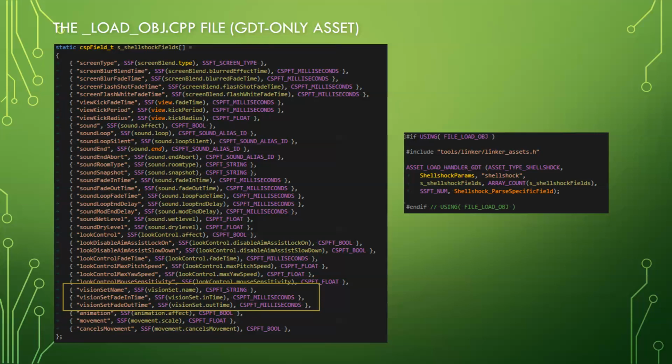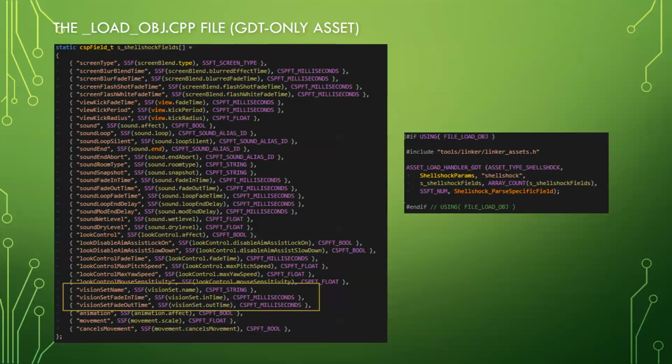So yeah, like I said, vision set.name, vision set.intime, vision set.outtime, and then these strings correspond to the AWI. There was a vision set name field in the AWI. The linker reads that, puts it into the vision set.name field here, and parses it as a string.